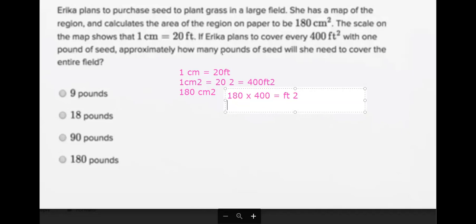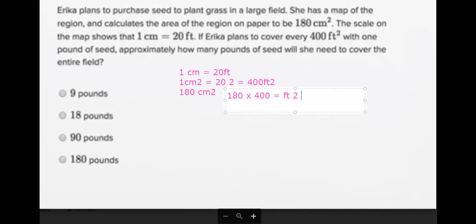Now the second part says if Erica plans to cover every 400 feet square with 1 pound of seed, approximately how many pounds of seed will she need to cover the entire field, right? So this is the total number of feet square area.